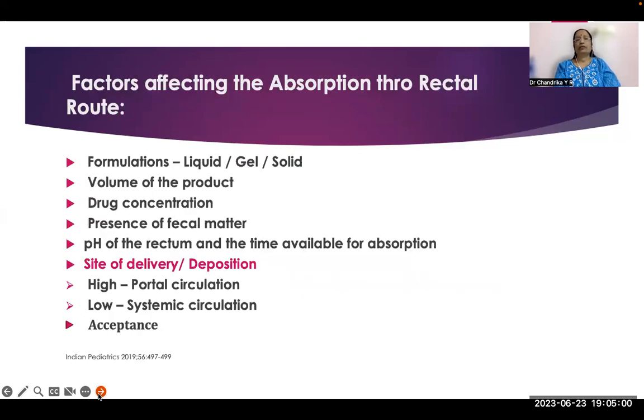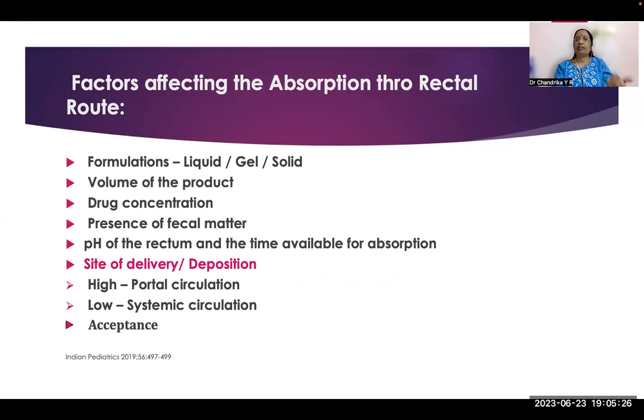Let us discuss the factors which affect absorption through the rectal route. The most important thing is the formulation of the drug, whether it's in liquid form, gel form, or solid form. If it is in liquid or gel form, it gets absorbed very easily because it dissolves in rectal fluid and then gets absorbed through the rectal mucosa.